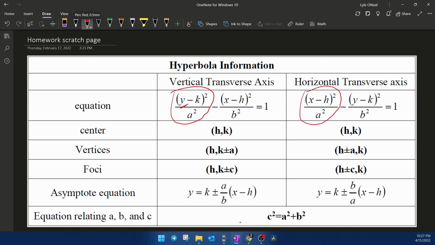This column is based on the x squared being in front of the minus. So whichever fraction comes first, that's going to determine our transverse axis. And we have this particular setup where it's x squared over a number. So we have a horizontal transverse axis, and all of these formulas apply.